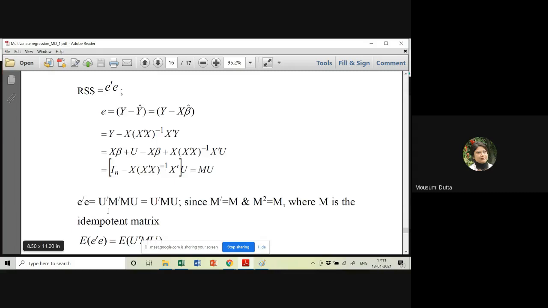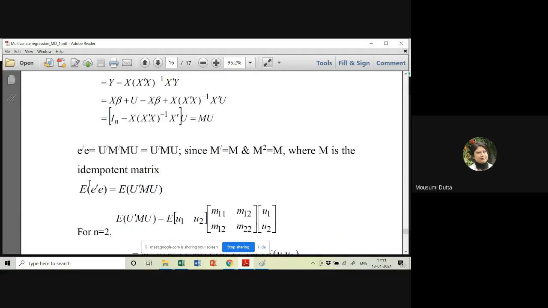Now u prime M prime Mu can be presented simply by u prime Mu, because M prime M is equal to M square, which equals M for the idempotent matrix.